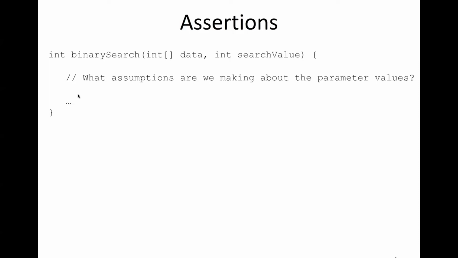And there's probably one other assumption. Can anybody see one other assumption that we would be making here? Go ahead, Stockton. Would we assume that the search value is within the range of the min and max of our data set?